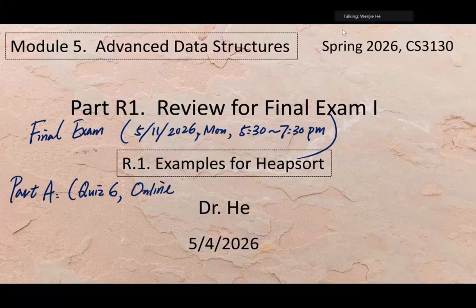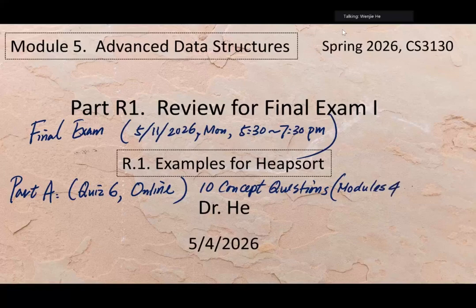And you also know it's 10 concept questions, covering modules 4 and 5. Only modules 4 and 5, 2 modules.